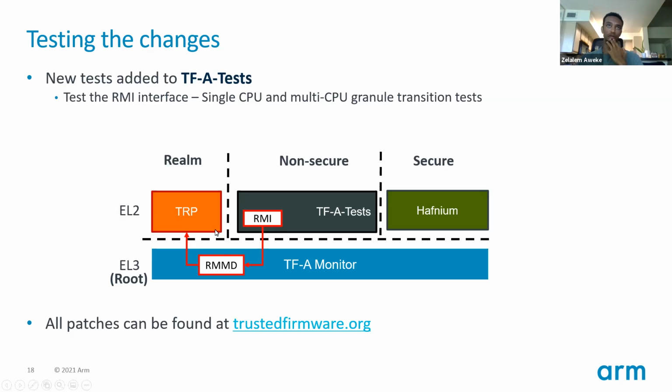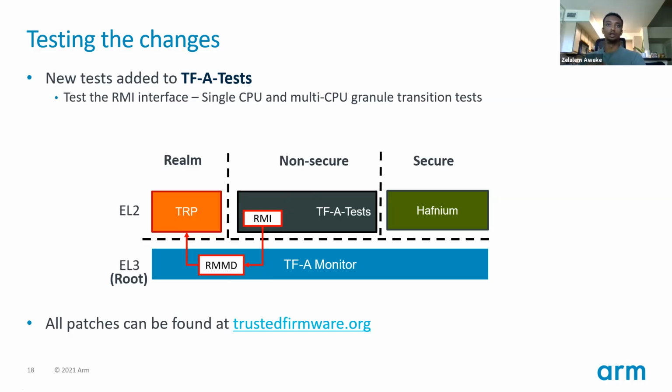In the real model, we use the TRP as the RME, and TFA tests as, I guess, an insecure component. And we can also boot with Hafnium as an SPM component, and we basically test this interface, the RME interface.